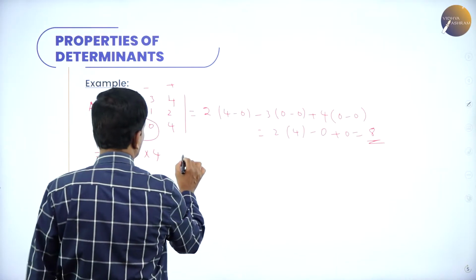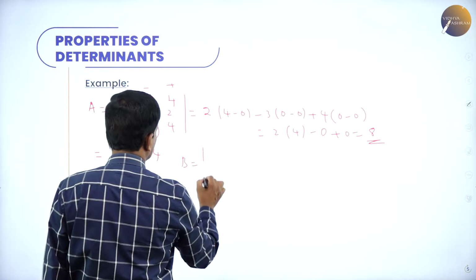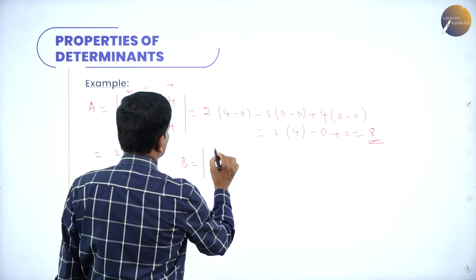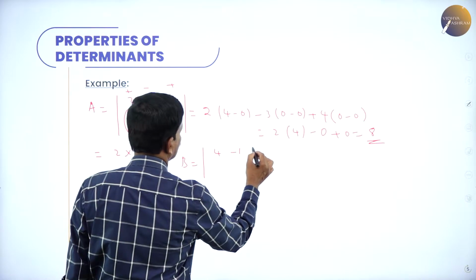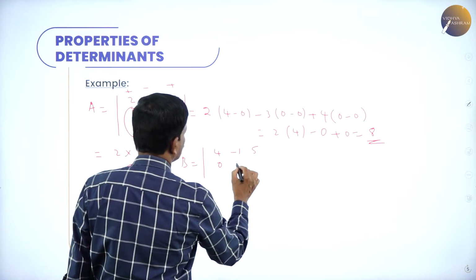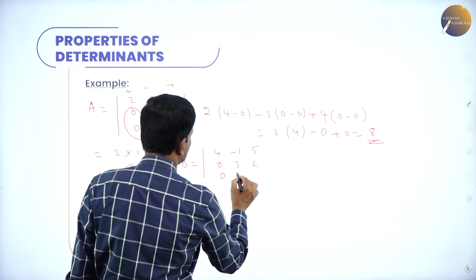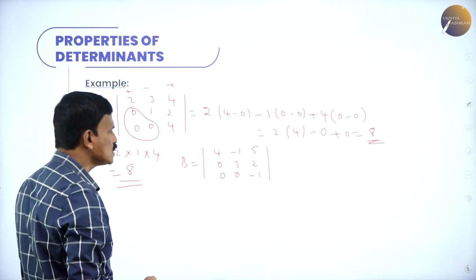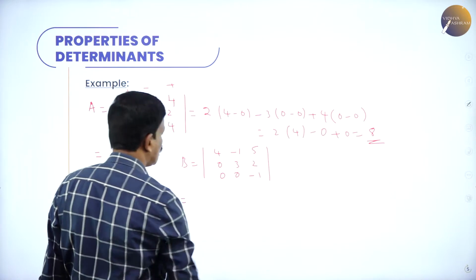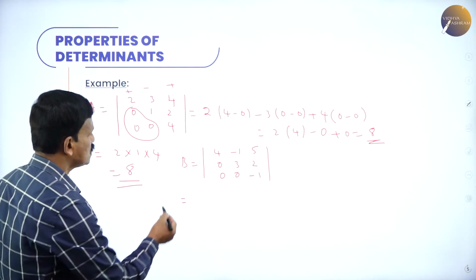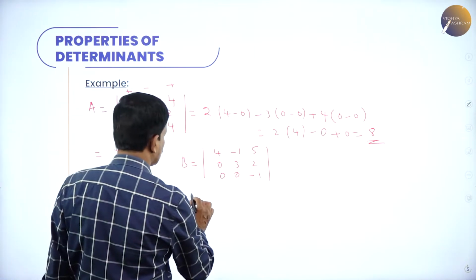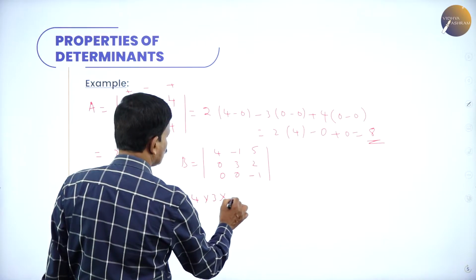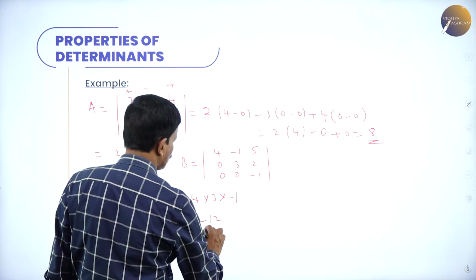Otherwise, take one more problem. If determinant B is equal to the determinant with rows 4, minus 1, 5; 0, 3, 2; 0, 0, minus 1, then according to the definition, the elements below the principal diagonal are 0, so it is 4 into 3 into minus 1, which is equal to minus 12.